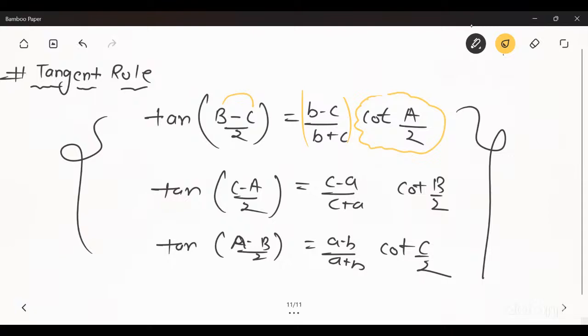Now for tan (c minus a) by 2, angle C and angle A, so c minus a upon c plus a are the respective sides, and which side is left? B. So the angle B in terms of cot will come. And if tan (a minus b) is there in terms of angle, then the corresponding sides are a minus b upon a plus b, and the angle which is left, cot C by 2, will come. So that was your tangent rule.